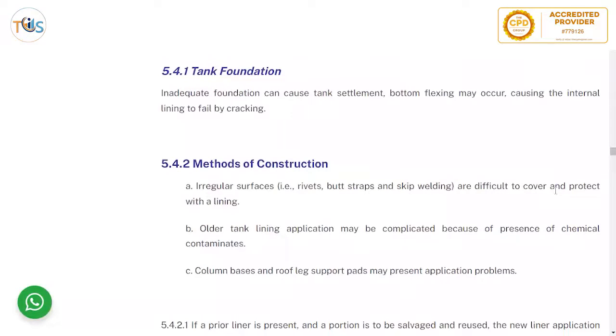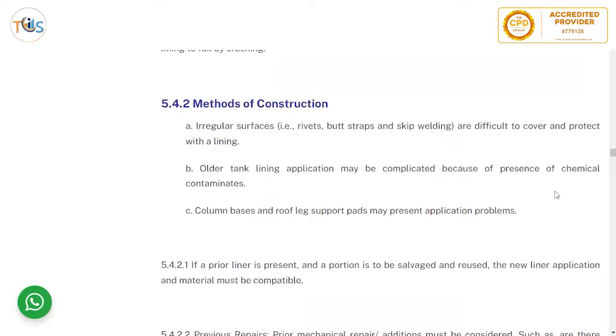Tank foundation. Inadequate foundation can cause tank settlement. Bottom flexing may occur, causing the internal lining to fail by cracking. Method of construction. Irregular surfaces such as rivets, butt straps, and skip welding are difficult to cover and protect with a lining.